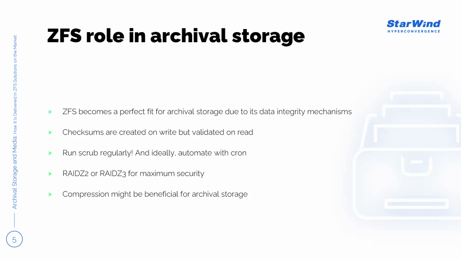What scrub does is basically examine all data in the specified zpool to verify that the checksums are correct. And in case we have resilient RAIDZ, for example mirror, RAIDZ2 or RAIDZ3, ZFS also automatically repairs any damage discovered during the scrub.